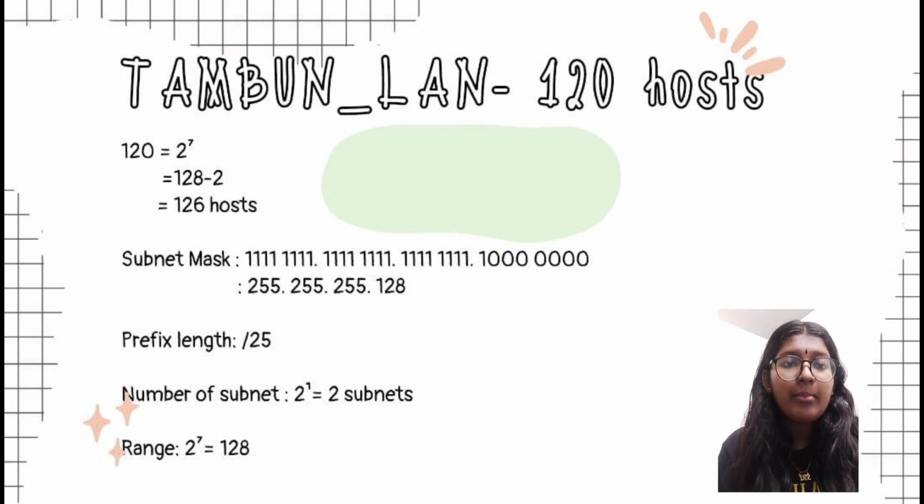The prefix length for Tambur LAN is /25. To calculate the number of subnets, we take the number of borrowed ones. Here we got only one, so 2 power of 1 is 2 subnets, and the range will be 2 power of 7, which is 128.